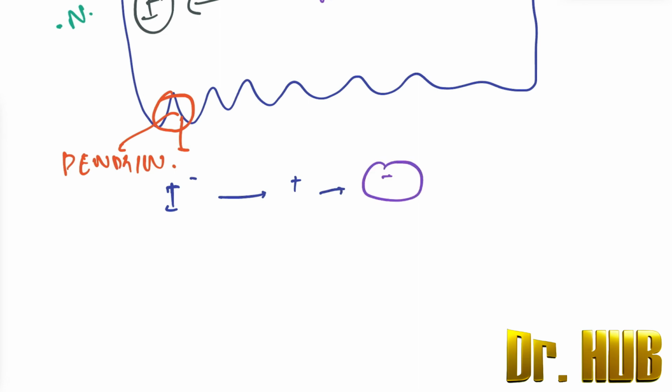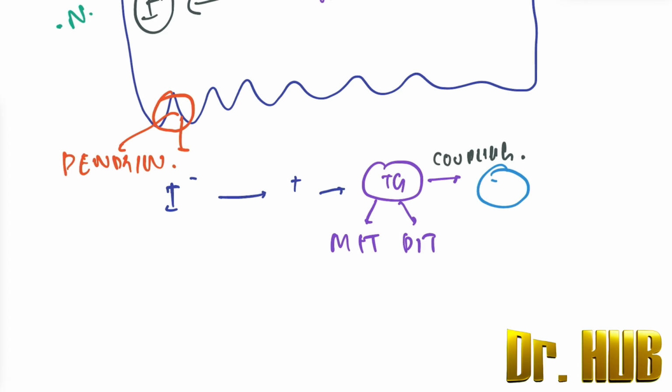Next is the Tg attached to the MIT and the DIT. Then they form coupling. This is known as coupling and it gives rise to Tg with DIT, MIT, T3 as well as T4. Later they undergo endocytosis.